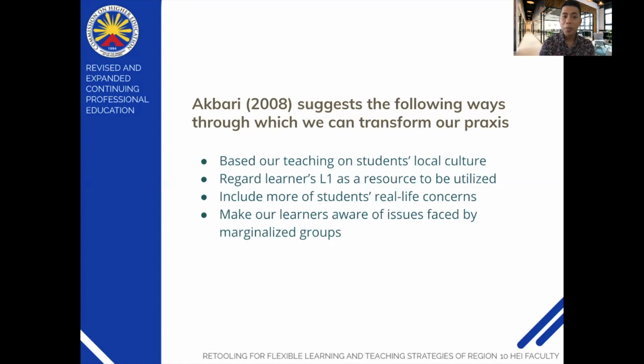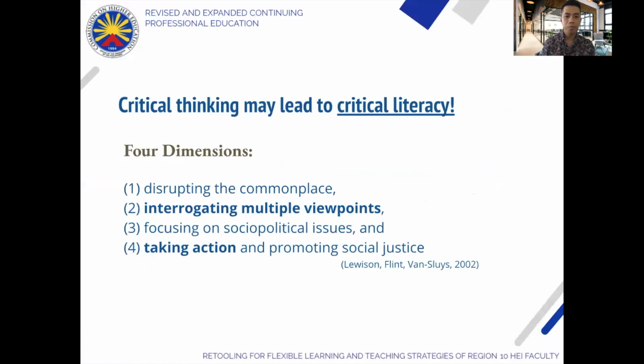And that's very important because we're supposed to be doing critical thinking. And why is it that some people are privileged and why is it that some people are marginalized? And at the same time, what possible actions can we do to change the situation, right?